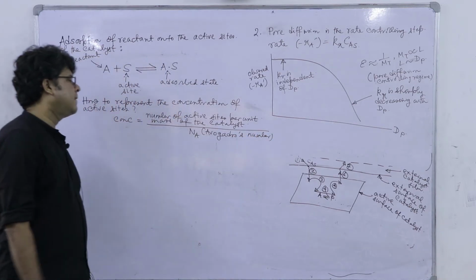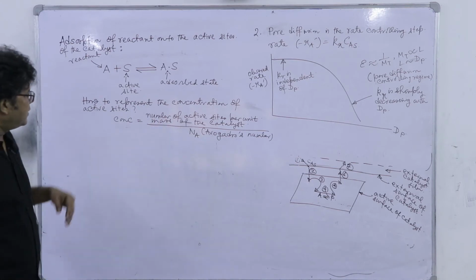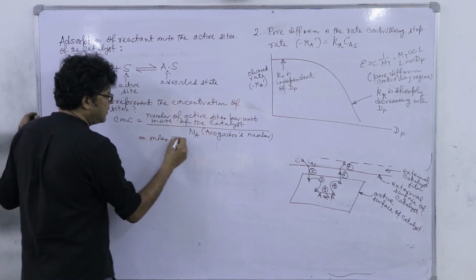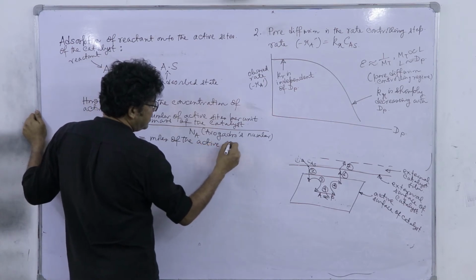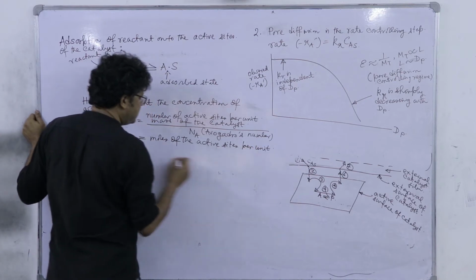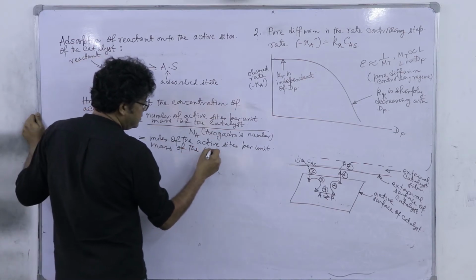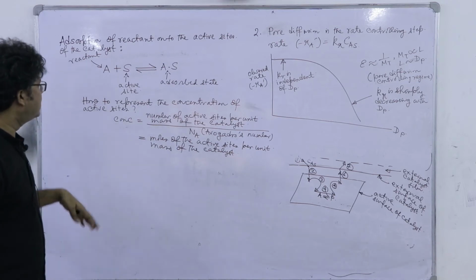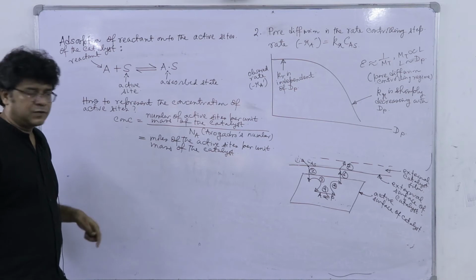Right. So, you see, whenever we write this, we get the concentration expressed as moles of the active site per unit mass of the catalyst. Right. So, that is the way we represent the active site concentration.